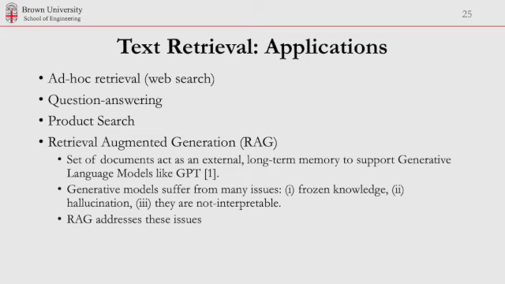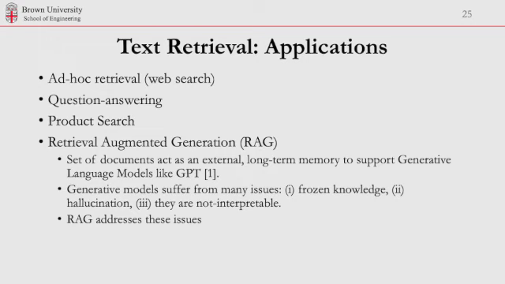A lot of you are likely familiar with language models like ChatGPT. They suffer issues from having frozen knowledge, so they only know information up to when they were trained. They can hallucinate and just tell you the wrong information, and you don't really know where they're getting the information from.